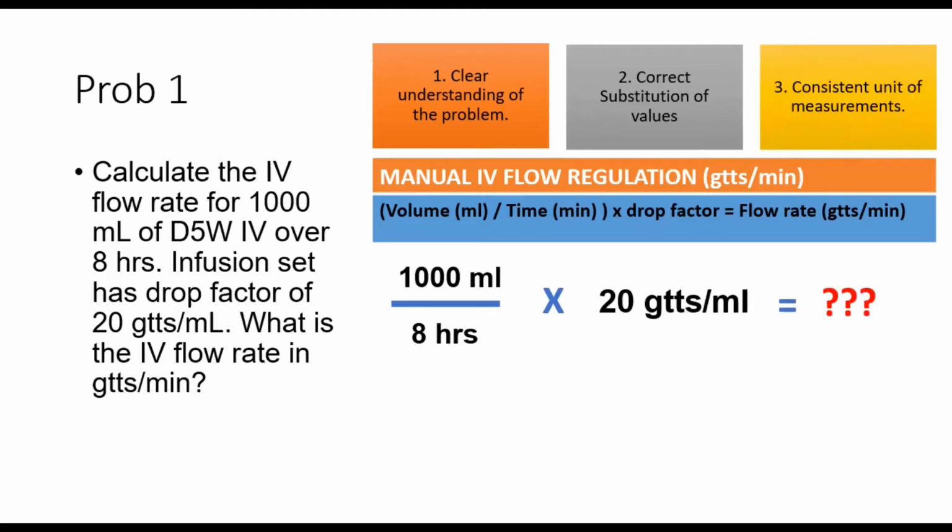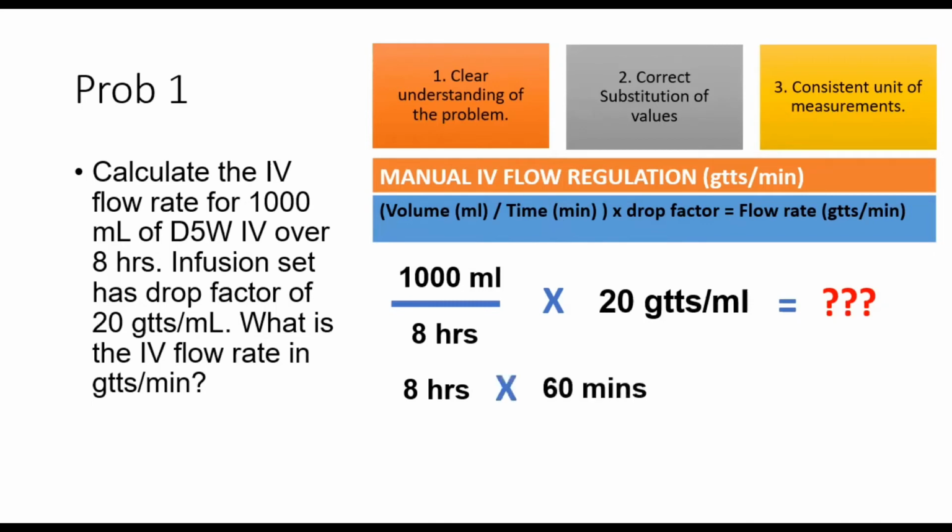Now, don't forget our third consideration before you proceed with your calculation. Proceeding with your calculation without consistency in the unit of measurement will yield error in your calculation. So the one that is not consistent here is the given 8 hours of infusion, which we need to find its equivalent in minutes.